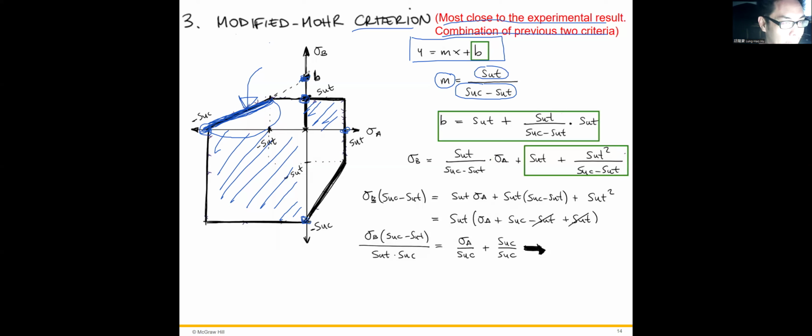For the y-intercept, we can plug in y and m here, and then we can find the b value. The b value equals SUT plus SUT divided by SUC minus SUT times SUT, right?